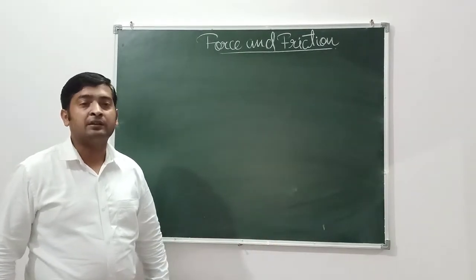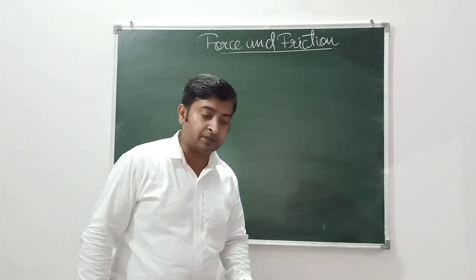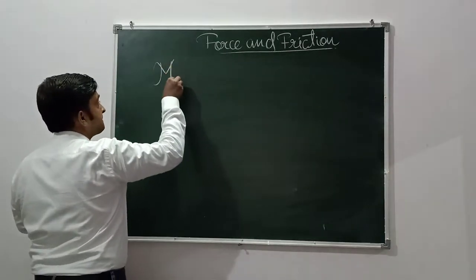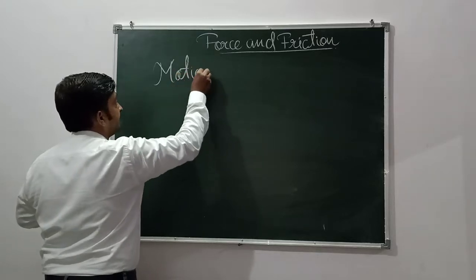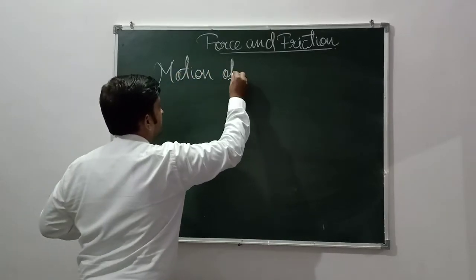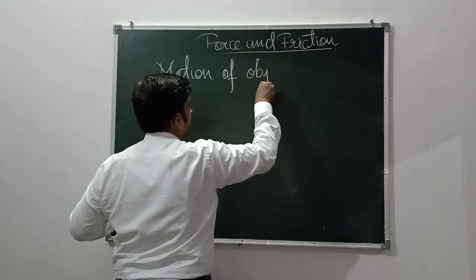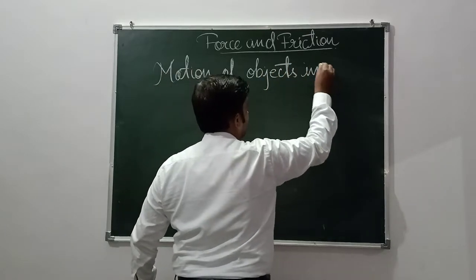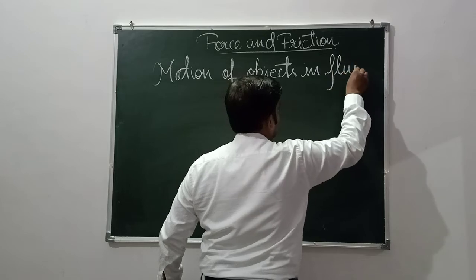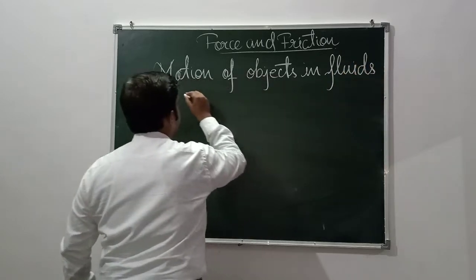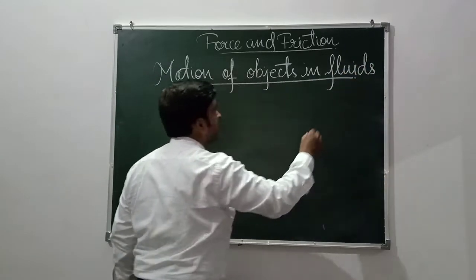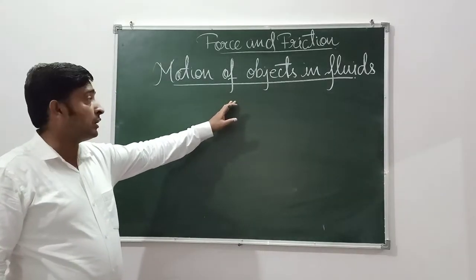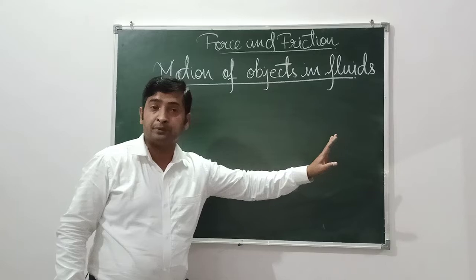Now let us start with the last topic of the chapter, that is motion of objects in fluid. Motion of objects in a fluid, what does it mean? When any object is moving inside a liquid.